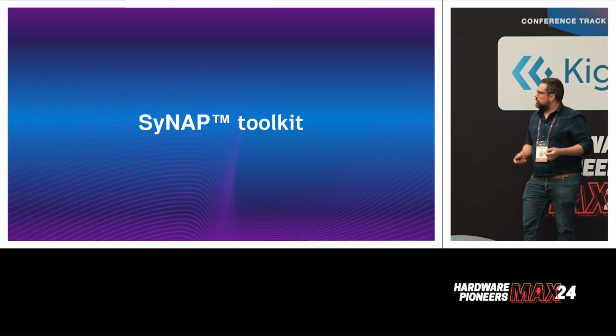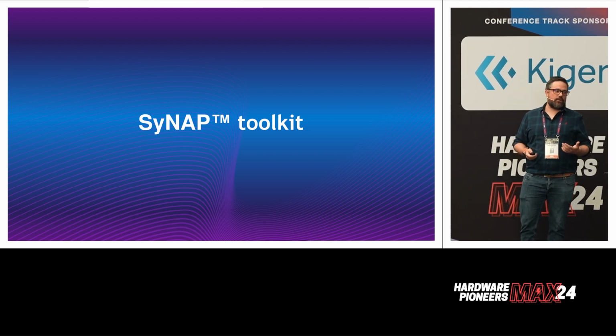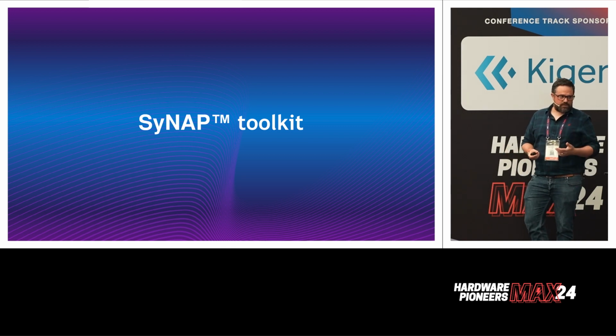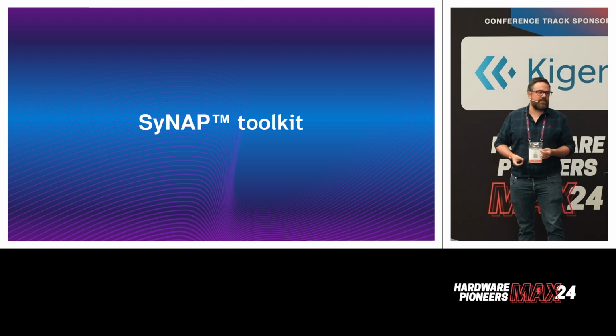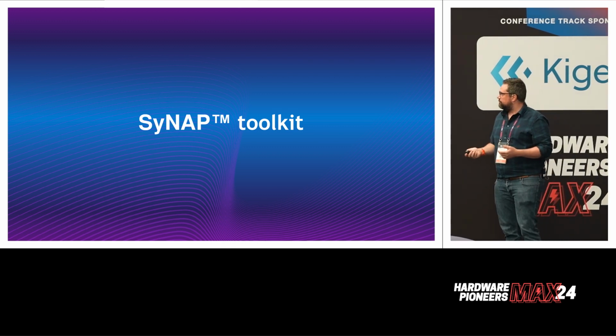So I will continue with the Synap Toolkit. This is just to show you the capability of the Synap. This toolkit is really designed as the core component to do the AI deployment.